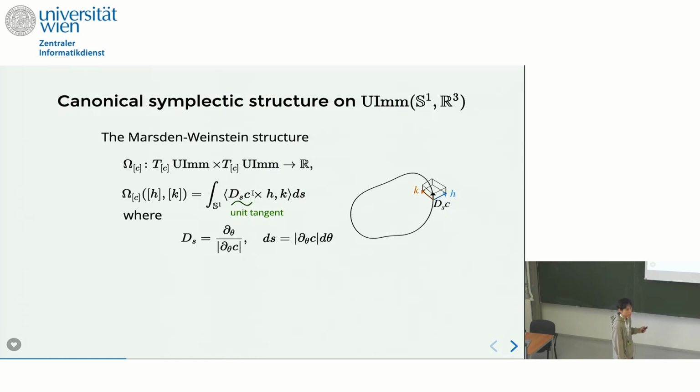And ds means the derivative with respect to the arc-length parameter, and this small ds is again the integral element with respect to the arc-length parameter. The curve cross is just the cross product in R3, and this bracket is the usual inner product in R3. T is just the unit tangent, and at each point of the curve, I can measure the volume of this cube spanned by my unit tangent, D_s c, h and k. And I can integrate this quantity over my curve to get some real value. And this is the Marsden-Weinstein form.